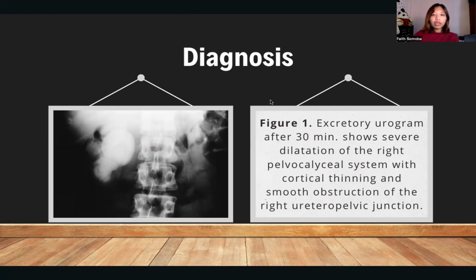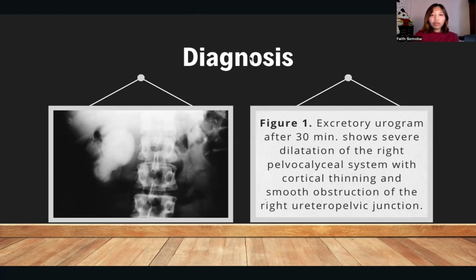The laboratory test showed that her urinalysis results were within normal limits, with white blood cells at 0.1 per high power field and red blood cells at 0.1 per high power field. Biochemical analysis revealed a blood urea nitrogen level of 11.0 milligrams per deciliter and a serum creatinine level of 0.8 milligrams per deciliter.